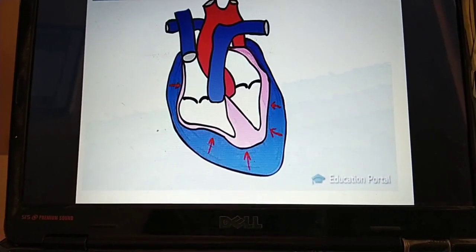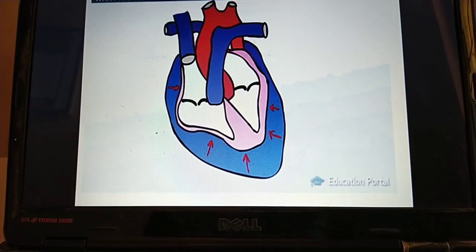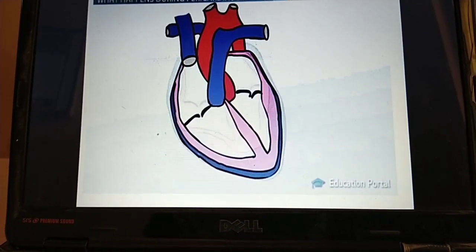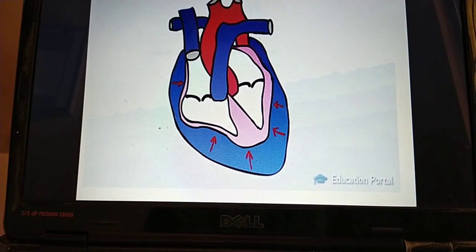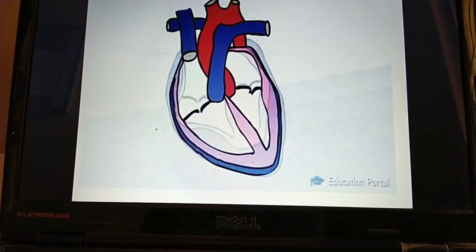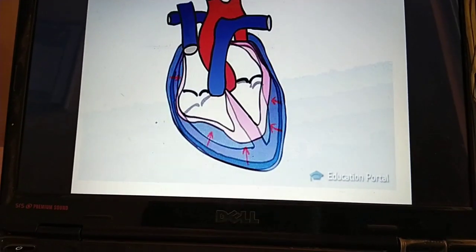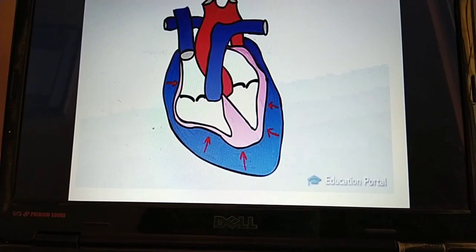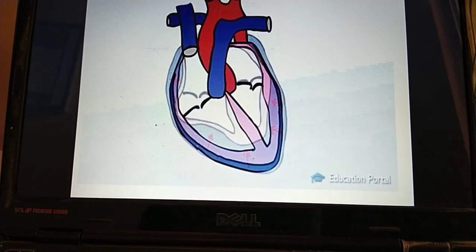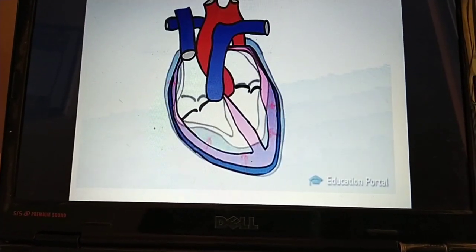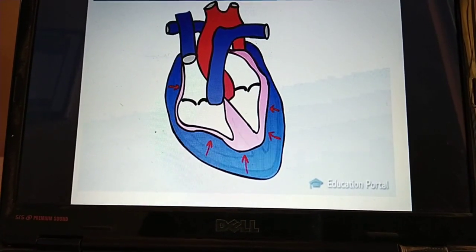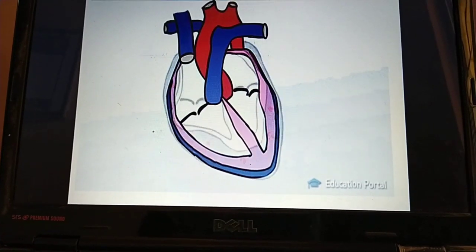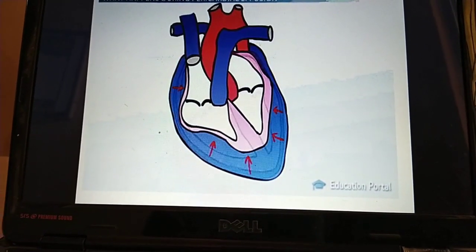Because of this parietal pericardium, it restricts the excessive movements of the heart, and it prevents the over dilatation of the heart.